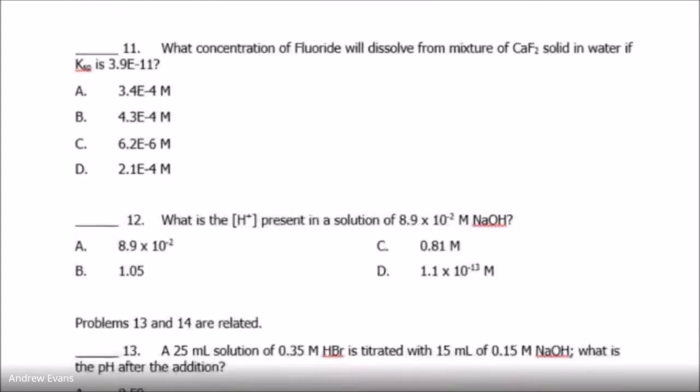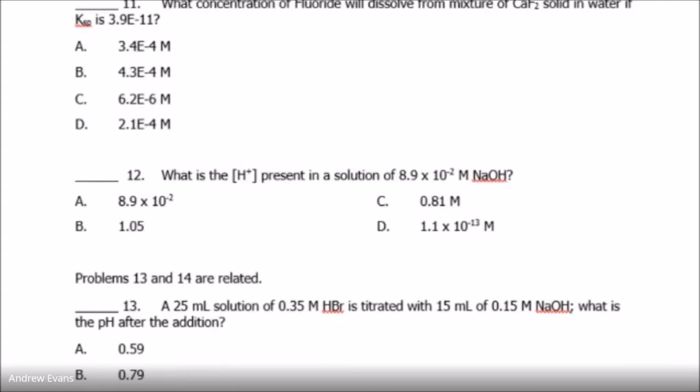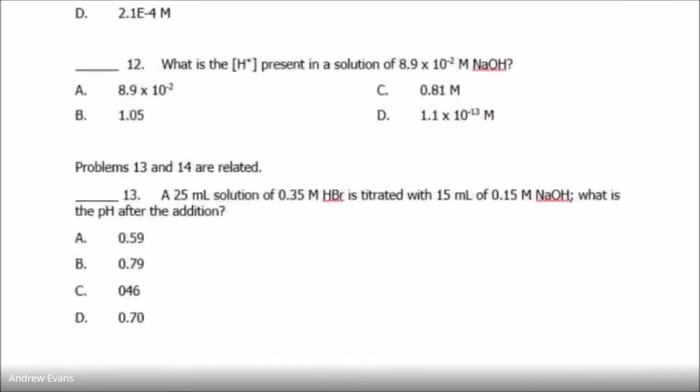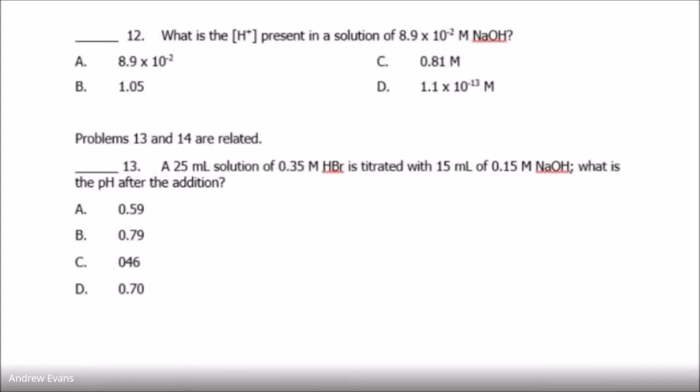What is the H plus present when we have 8.9 times 10 to the negative second molar NaOH? Don't overlook this one. It's rather easy. H plus times OH minus equals 10 to the negative 14th. If we're given the OH minus, we can thusly know the H plus.